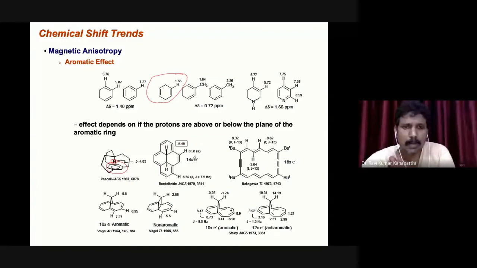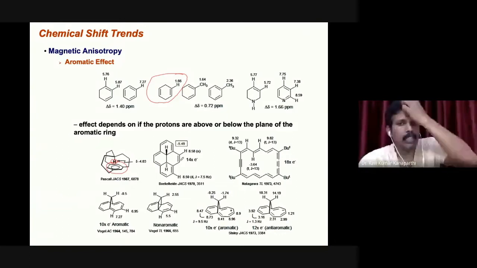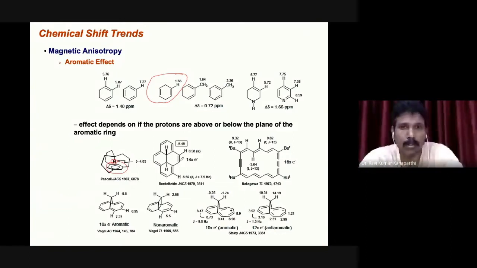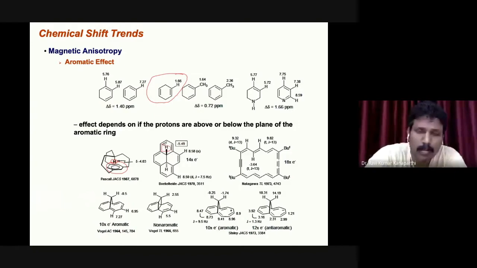And this particular example that we have discussed is a 14 pi electron system, so it is an aromatic compound. As you can realize, the protons sitting at the top and below the aromatic ring are found in the minus region, whereas the other peripheral protons are seen at a very high chemical shift value.